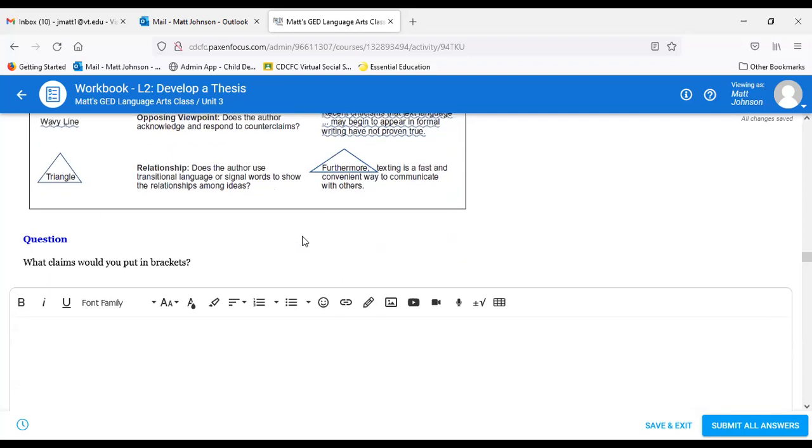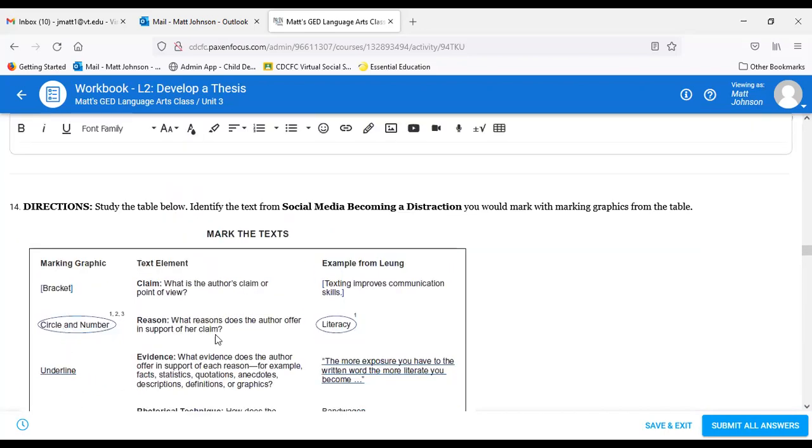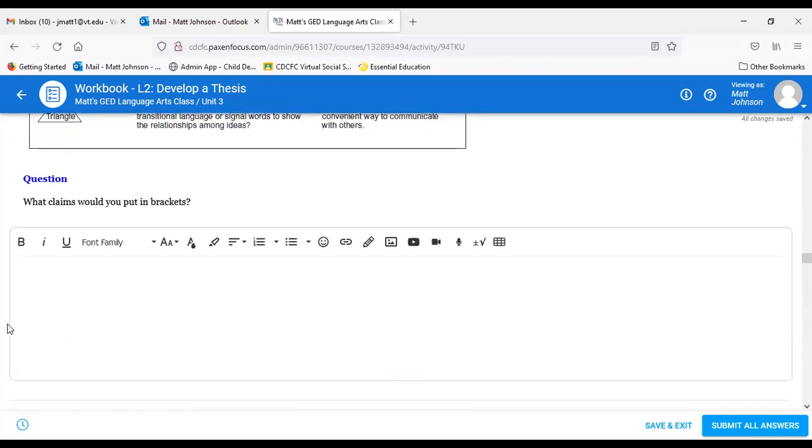This gets kind of technical. It's something that you may or may not want to use. But we're only addressing social media becoming a distraction because they use Leung's in here. What is the claim? What would we put in brackets? We already talked about the claim too.